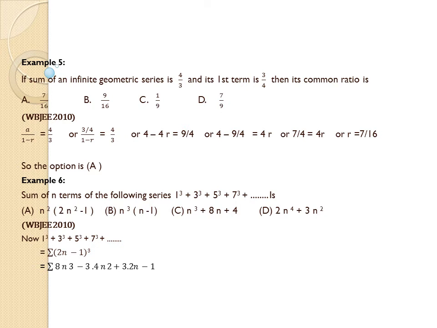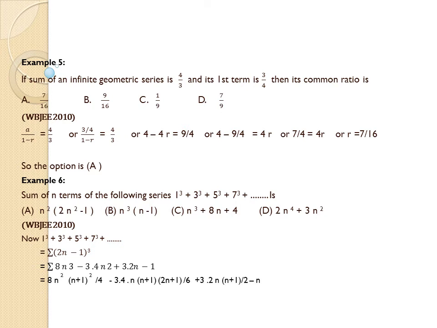(2n) cubed, that is 8n cubed, minus 3a square b, 3 into a square means (2n) whole square, that is 4n square, b means 1, plus 3ab square, 3 a is 2n and b square means 1 square, minus b cube, so minus 1. So all these things summation. So summation I will break.